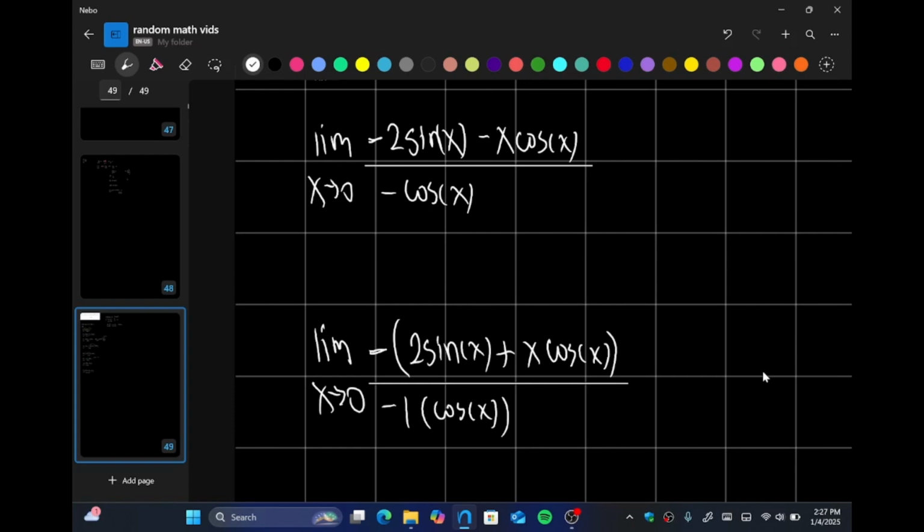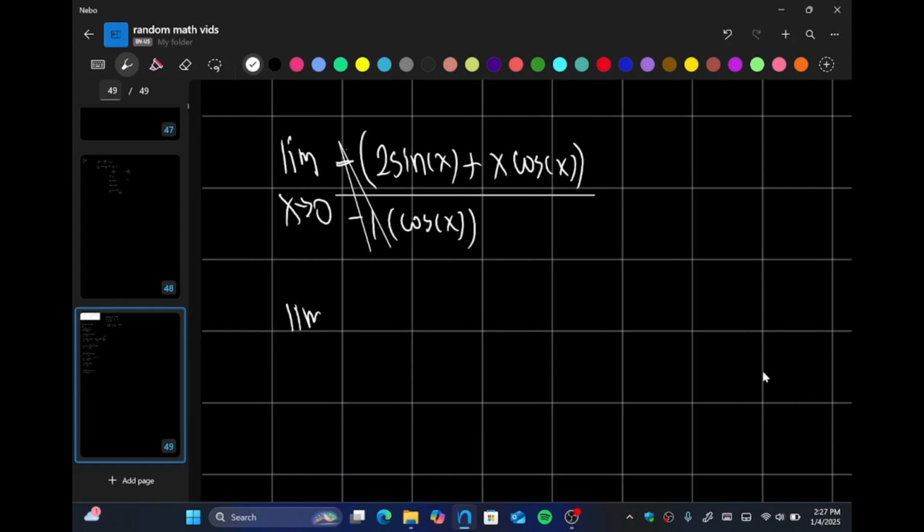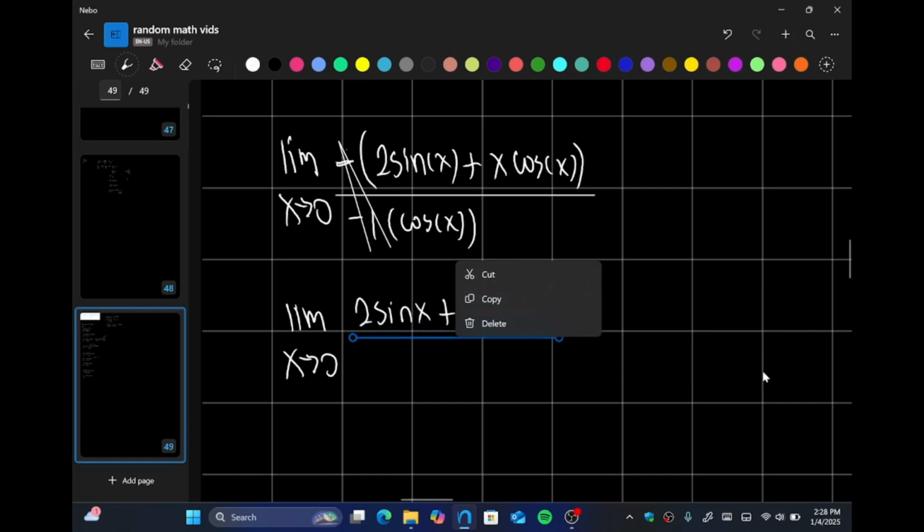So obviously we cancel that out. We get the limit as x approaches 0 of 2 sine x plus x cosine x over cosine x. Sorry, guys, hold on.